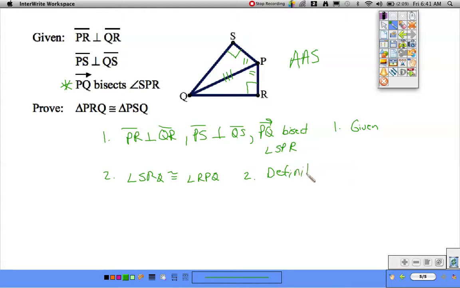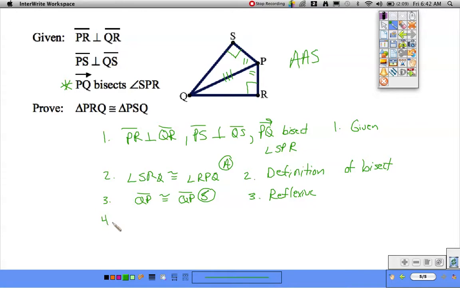So I was using the definition of bisect. And I've listed one pair of angles. I'm going to say that QP is congruent again to QP because it's reflexive to itself. And now I have listed one pair of sides.